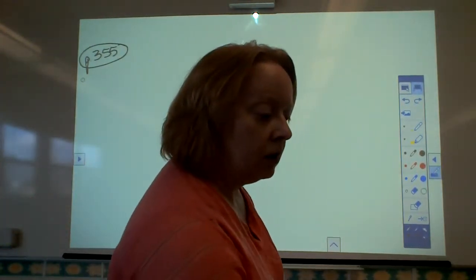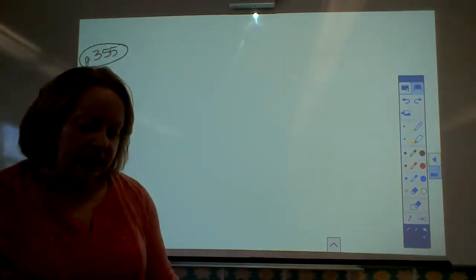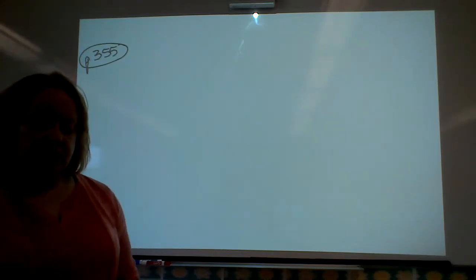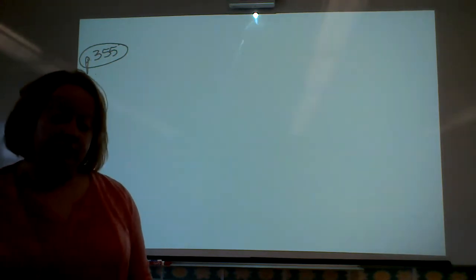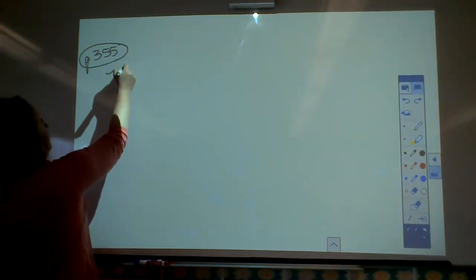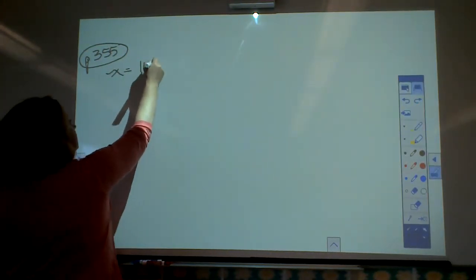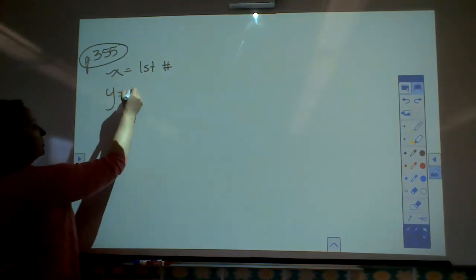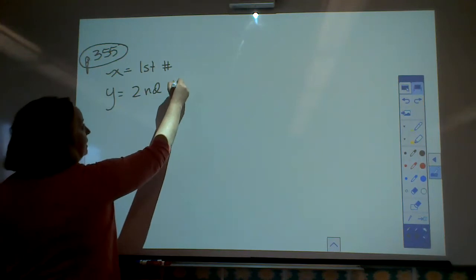So, okay, it says -3 times one number plus 5 times another number is -11. 3 times the first number plus 7 times the other number is -1. Find the numbers. So let's just take the first one. First, let's define our variables. X equals first number, and y is going to equal the second number.